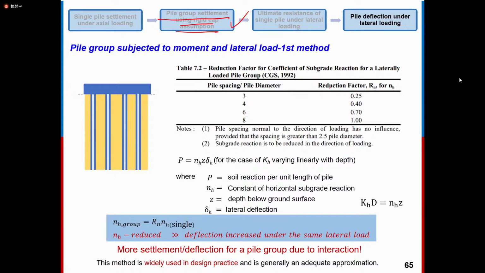So we will have a so-called reduction factor. Reduction means become smaller, right? So you can see the Rn value, the reduction factor, is always smaller than 1. With the increase of the pile spacing, the distance between two piles, the reduction factor will become larger.